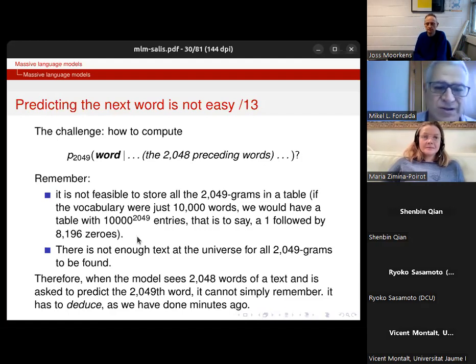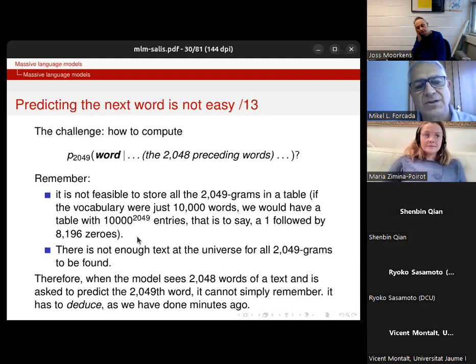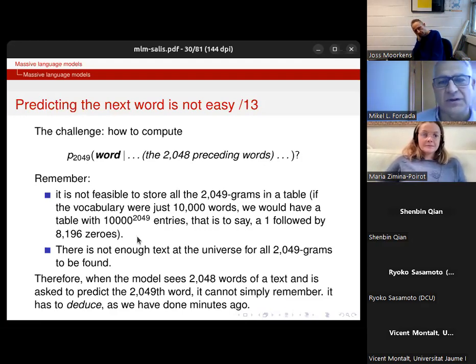So no way to store this. So when the model sees 2048 words of text and is asked to predict the 2049th word, it cannot simply remember. It has to deduce, has to do some manipulation, as we have done a couple of minutes ago.